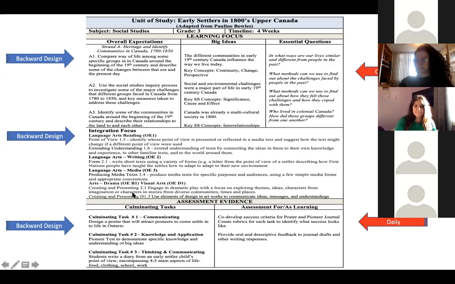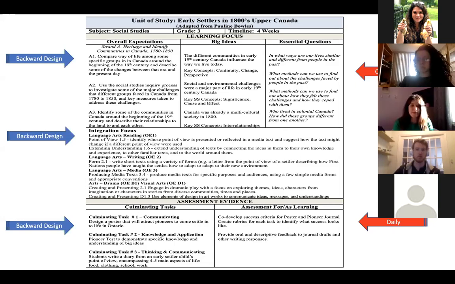And then in terms of backward design now, I also have to think, what are my culminating tasks that are going to show me what the students know in relationship to this and in relationship to this? So she has decided that she is going to give them, under the category of communication, a task to design a poster that will attract pioneers to come and settle in Ontario.